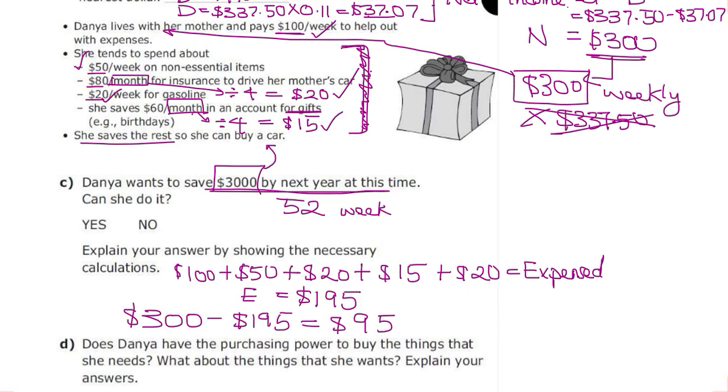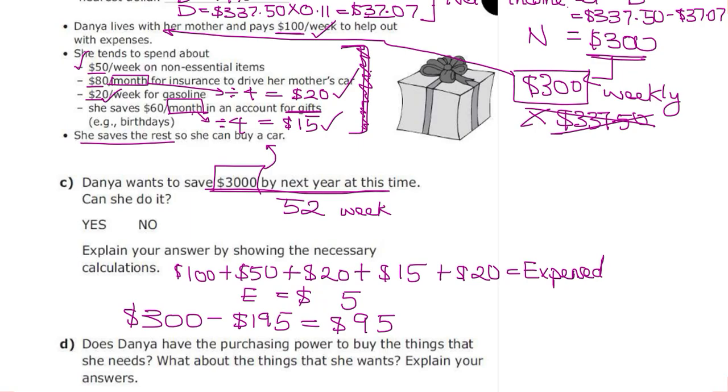Does that add up? Let me see the calculator to see. So on the calculator, we have 100 plus 50 plus 20 plus 15 plus 20. That gives us, sorry, not 195. Her expenses is actually 205. So I made a mistake here.